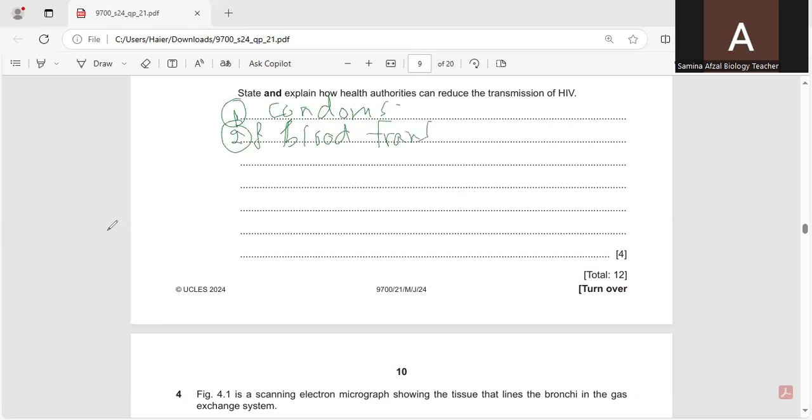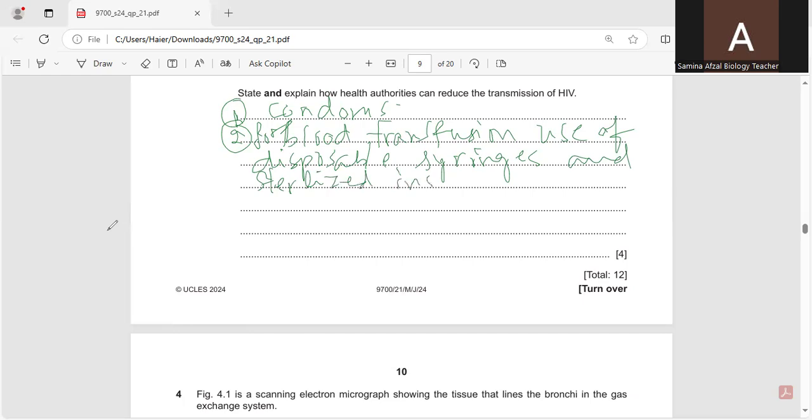For blood transfusion, use disposable syringes and sterilized instruments.